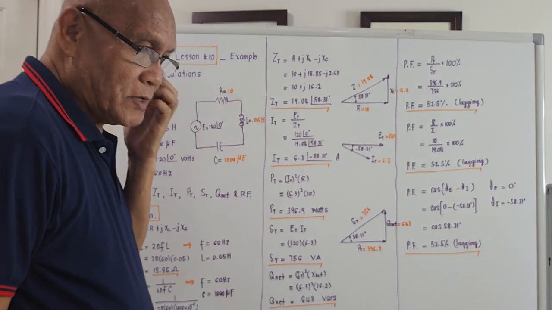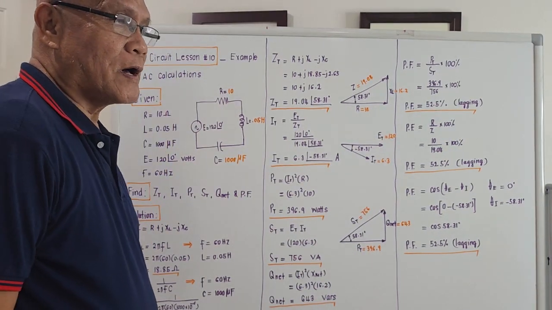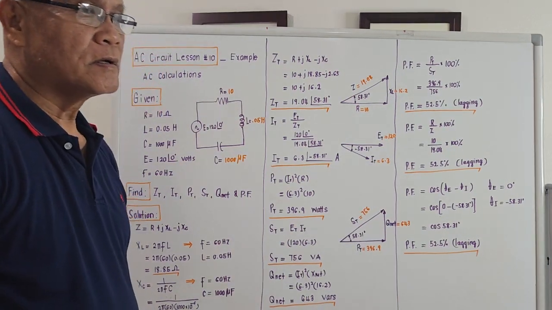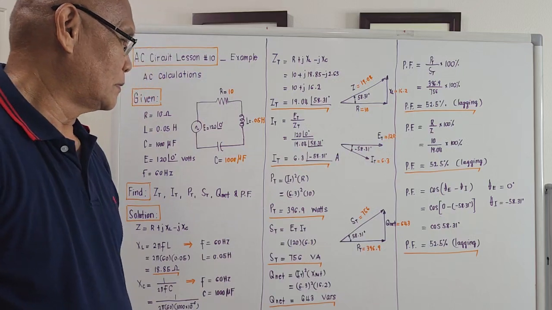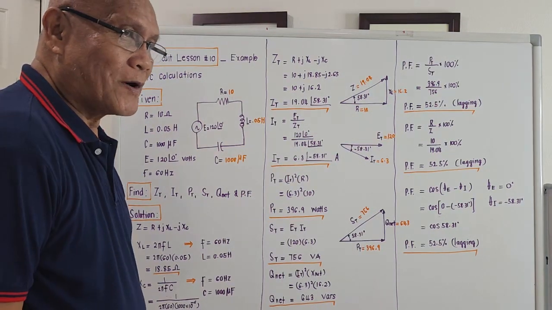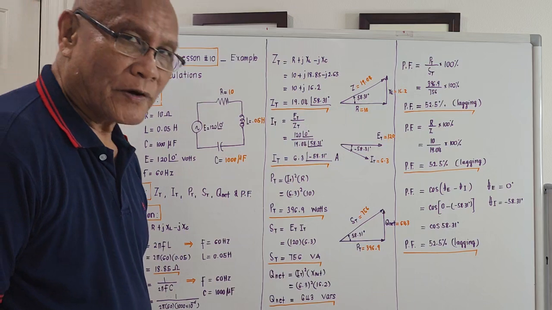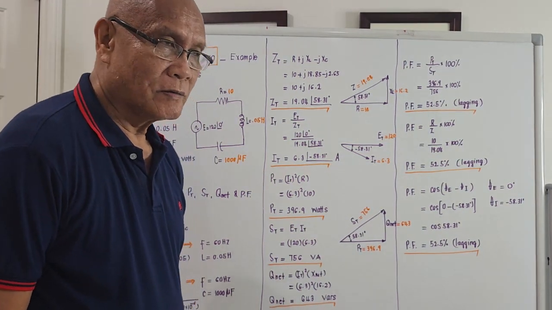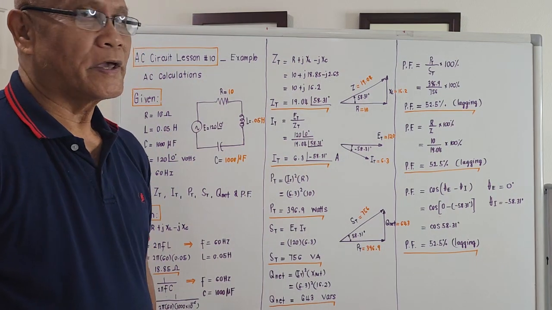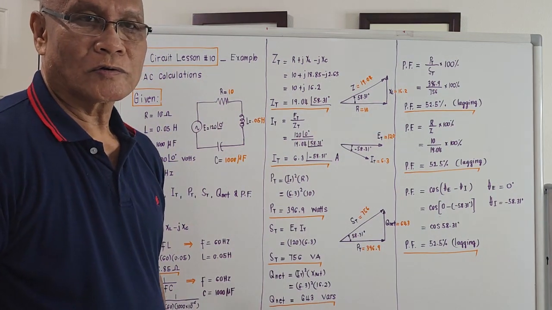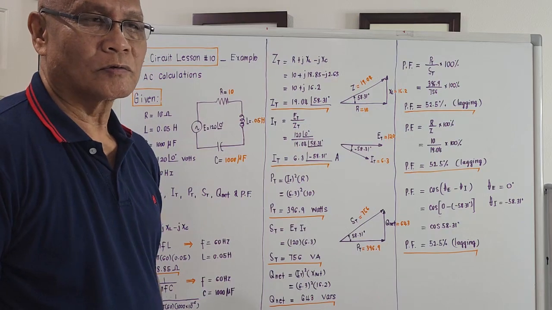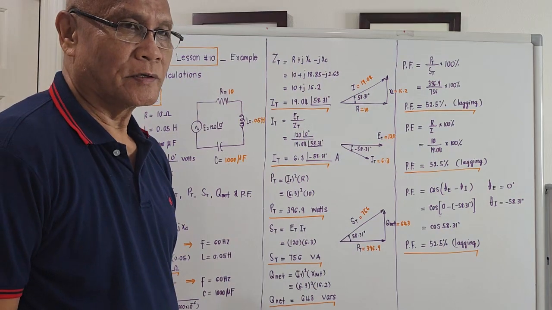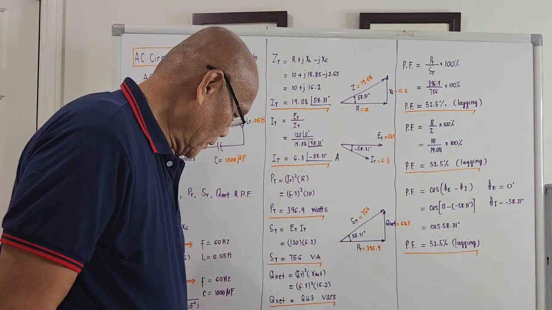Meaning this will now be an illustration of the computation of impedance, current, true power, apparent power, reactive power, and the three methods on how to compute the power factor of any alternating current circuit. Okay, let's proceed.